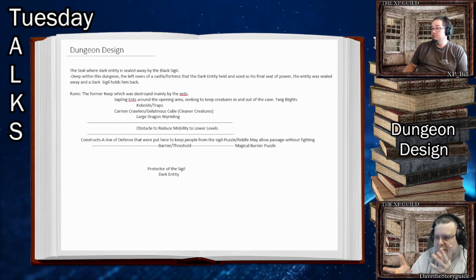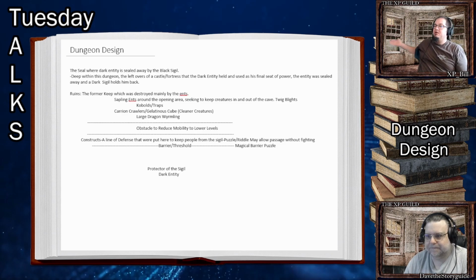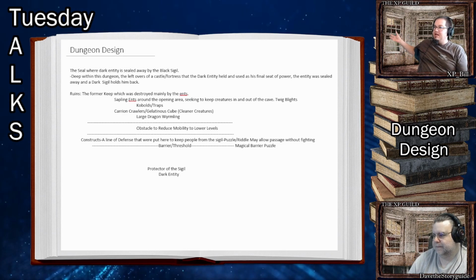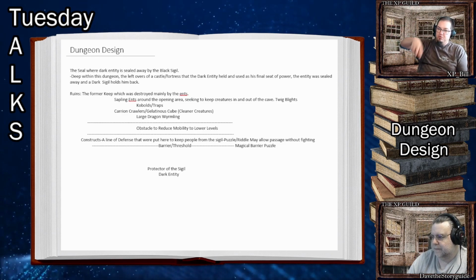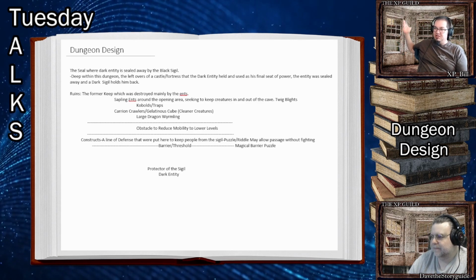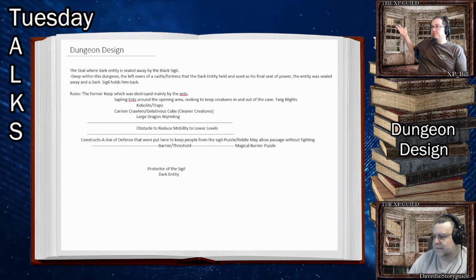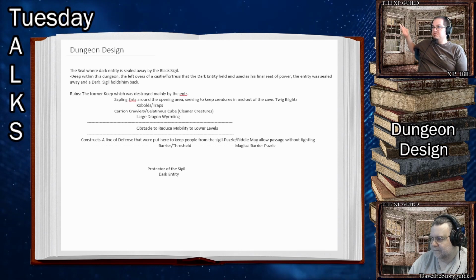You could find a key somewhere, and that key is used to unlock that door, but you didn't know much about it. You do research, and it leads you to this dungeon. That would be a cool start to a bigger campaign even.